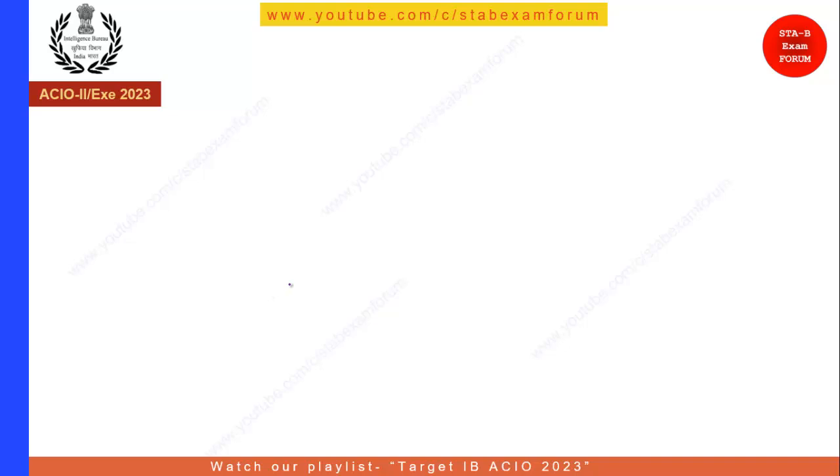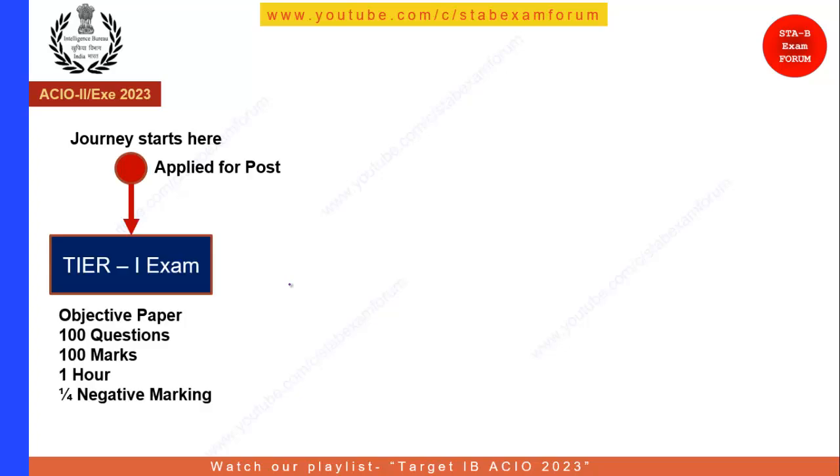Students, whenever there is a notification of an exam, there will be a desire that makes you apply for that post. From that point onward your journey starts. Afterwards you start preparing for that particular exam, and finally one day you will have your tier 1 exam for this ACIO grade 2 exam. As I told you earlier, the exam will be objective type.